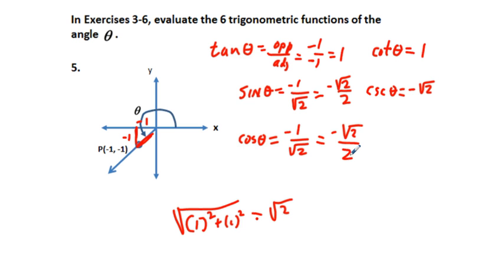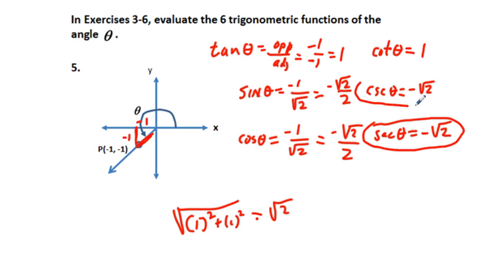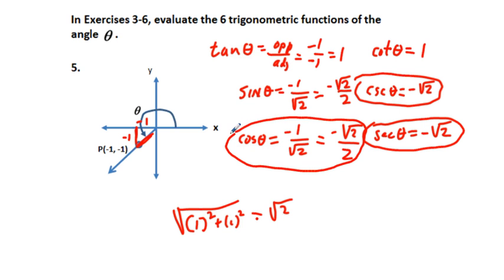So we'll get negative square root of 2 over 2, which is the same as sine, and our secant theta is going to be the reciprocal, which will be negative square root of 2. So here we have secant, cosecant, cosine, sine.